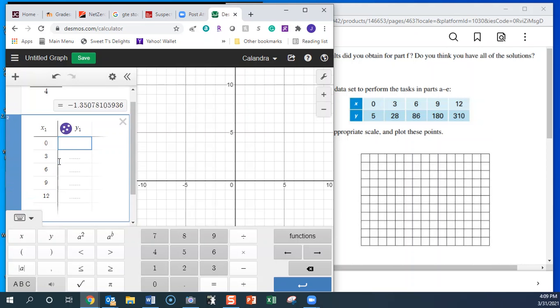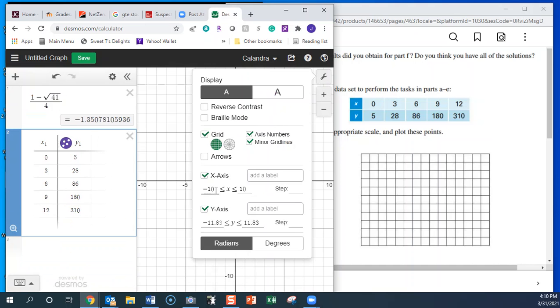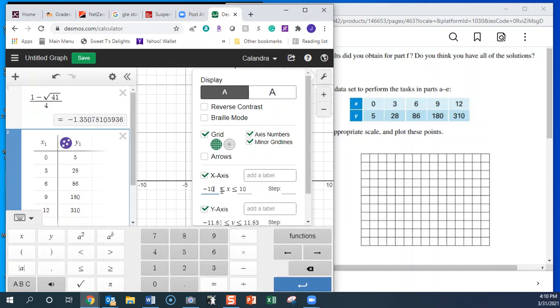And then we would have 5, 28, 86, 180, and then 310. Now, if you notice here, you really don't see much of the graph. So you could click on this wrench and go here to the x-axis. We can go from 0 to 15.